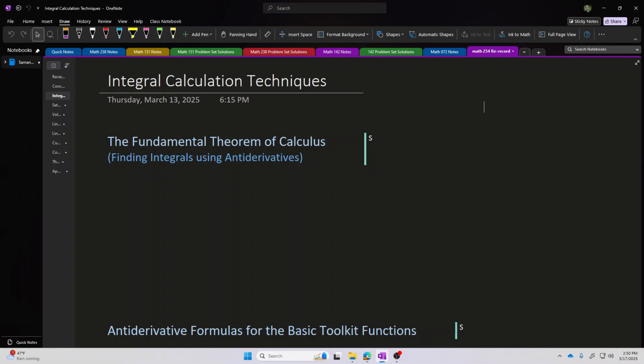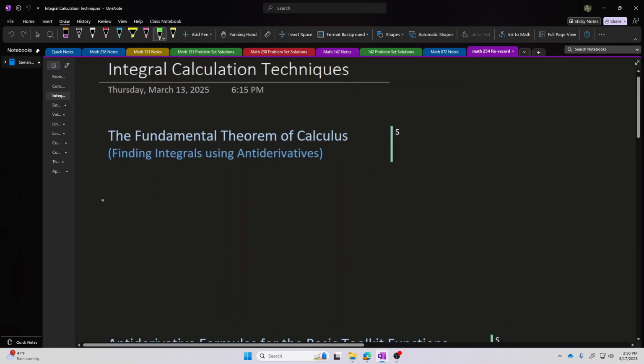In this video, we are going to review the more common or traditional way of calculating the value of an integral, which is to use what are called antiderivatives and to use what is called the fundamental theorem of calculus.